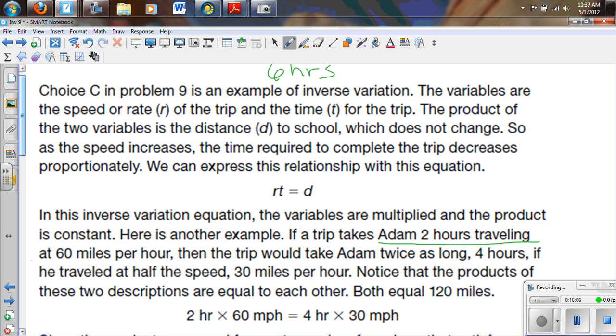Then the trip would take twice as long, 4 hours, if he had traveled at half the speed. That's what we're talking about here when we say 2 hours at 60 miles per hour and then 4 hours at 30 miles per hour. So if he doubles his time, he halves how fast he's going so that those are still equal.